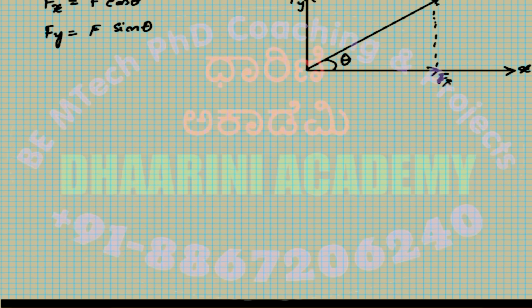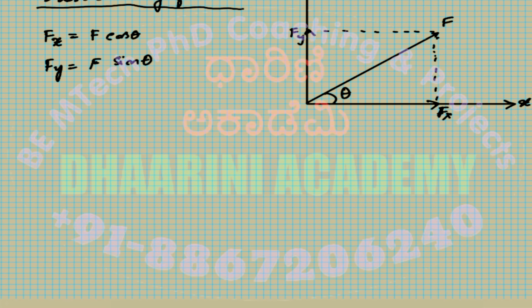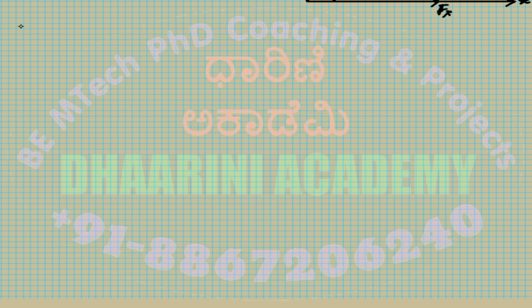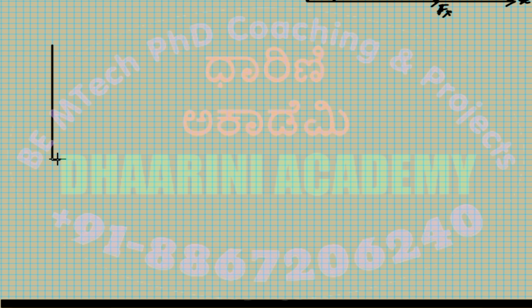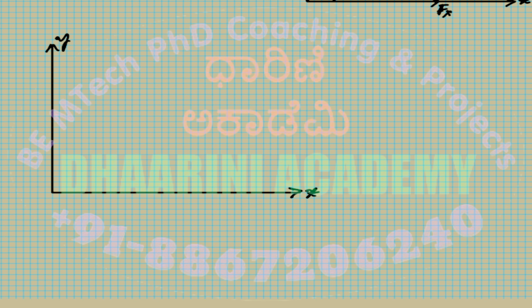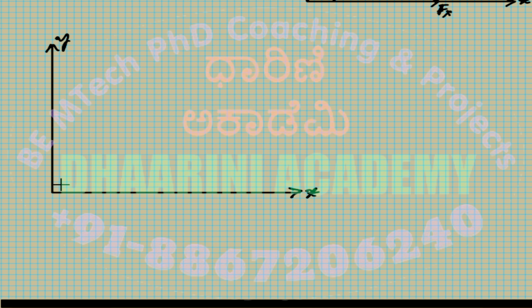And the second concept is this. We consider another diagram of a very similar case, wherein this is the x-axis and this becomes the y-axis. The force is very much the same.